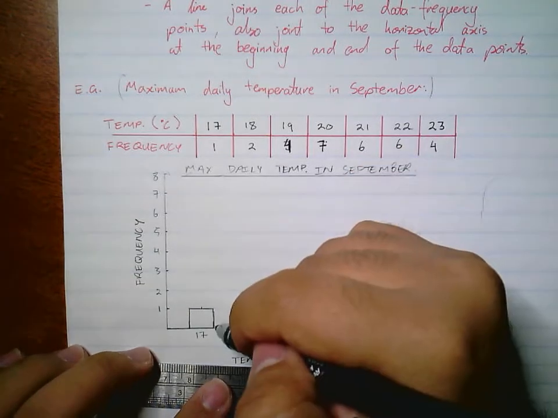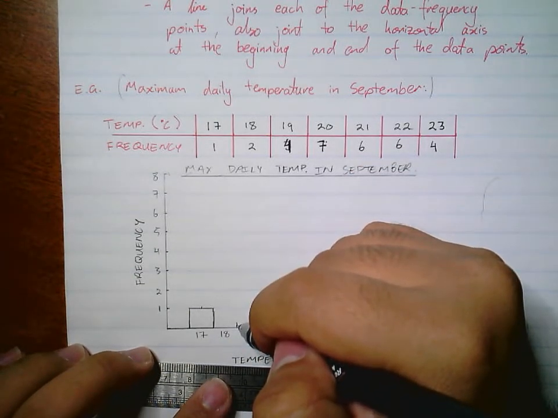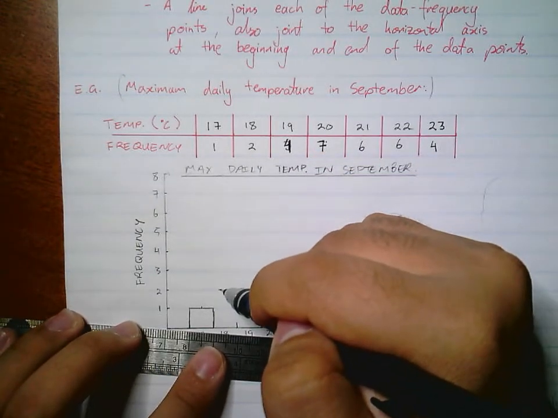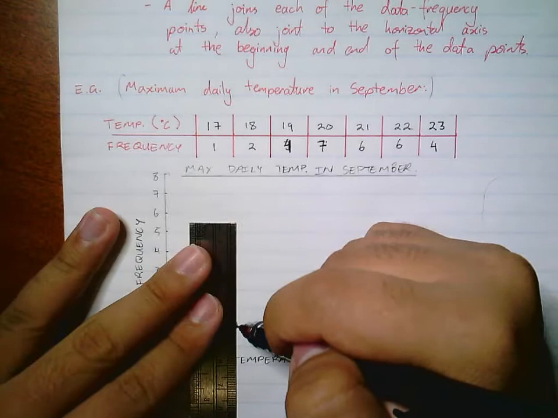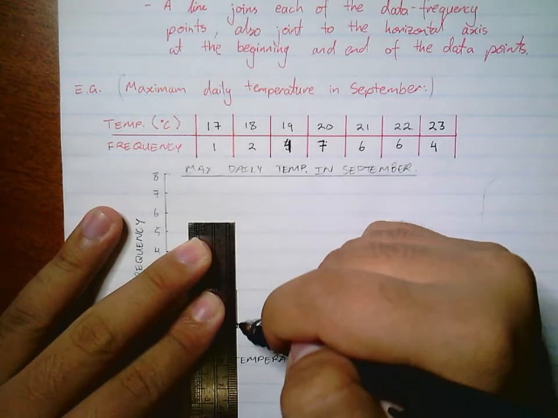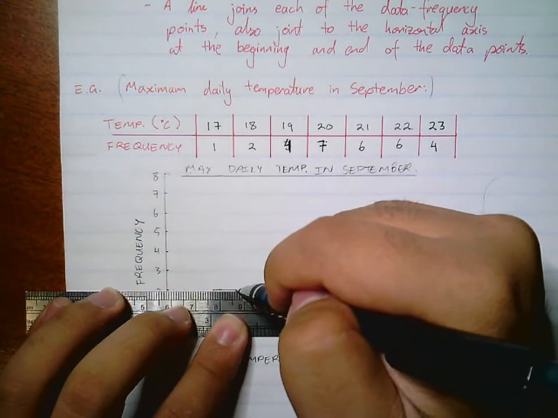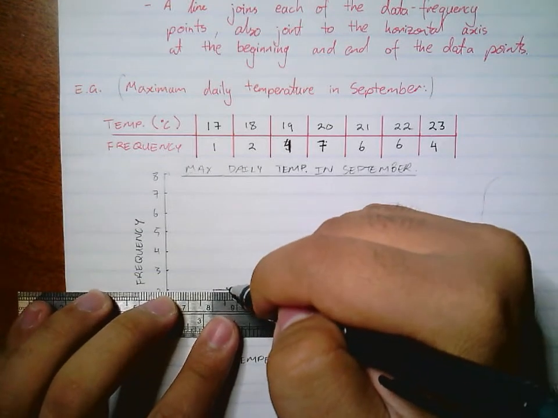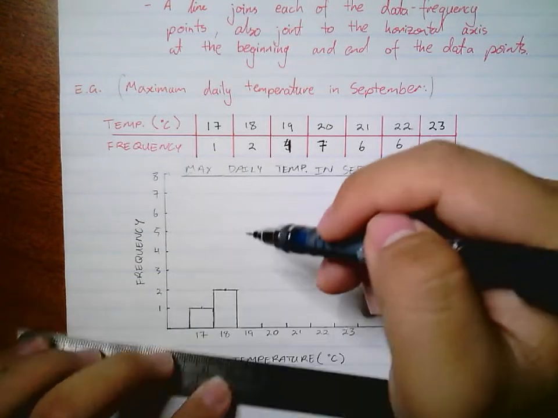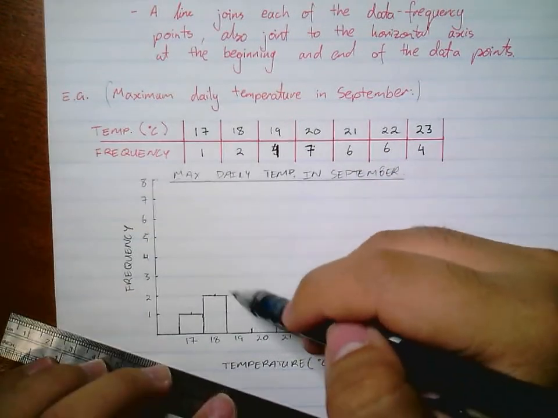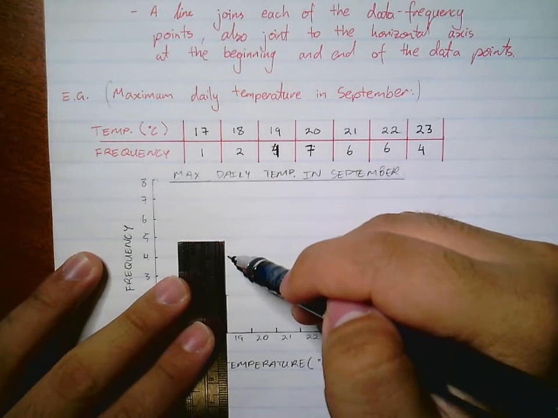Okay. 18 happens twice, so 18's up here. Once again, marking our halfway point. You'll see in a moment why. And we'll keep going on like this. So 19 happens 4 times.